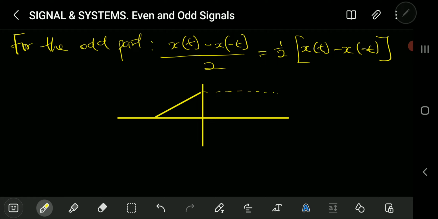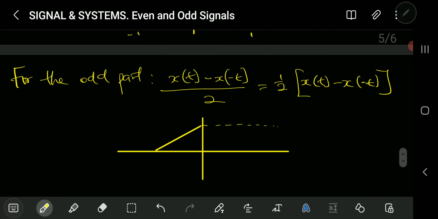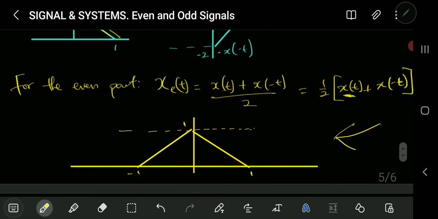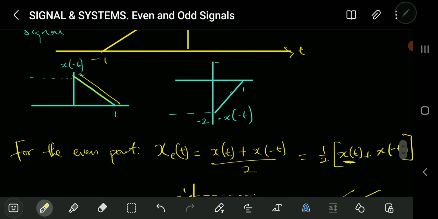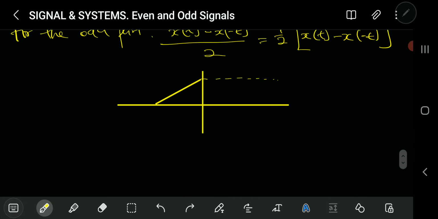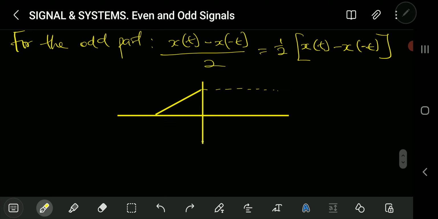So this is for x of t. Now let's bring in minus x of minus t. So minus x of minus t, this is it here. So let's bring it together. So let me extend this.